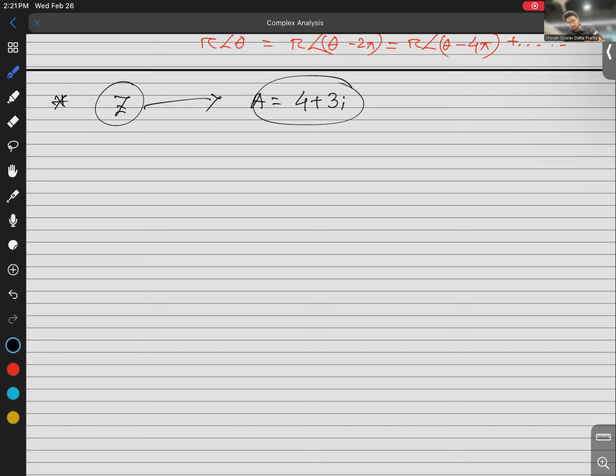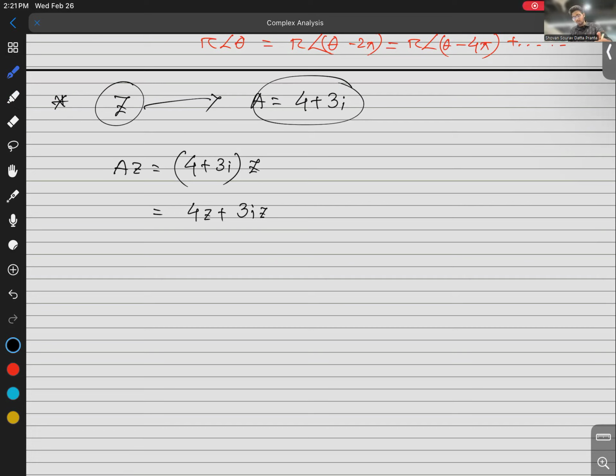Then what will happen? az is equal to (4 plus 3i) z, so 4z plus 3iz. What will happen if we multiply a number, a complex number a, with a complex number? Obviously a complex number is a more general form.